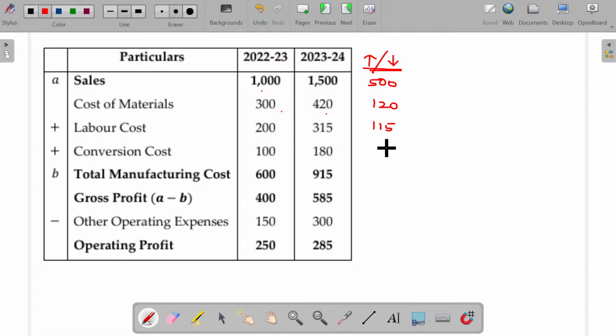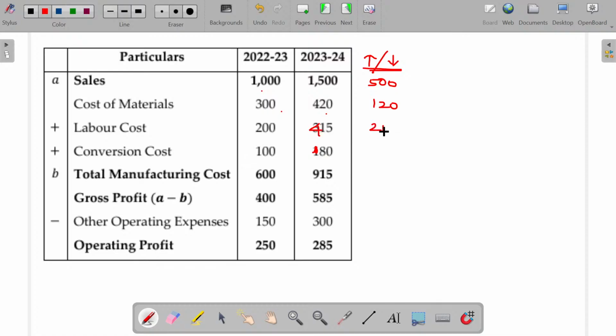And 100 becomes 180, 80 increases. Right. Actually, in the text, I have made slight correction. This is being 415, this is being 80. I made this change to have increase and decrease both the values.